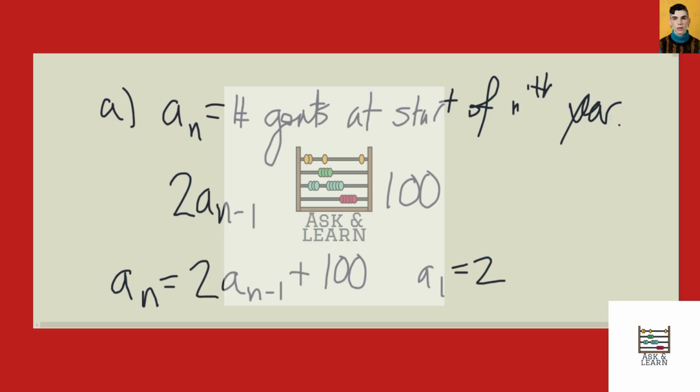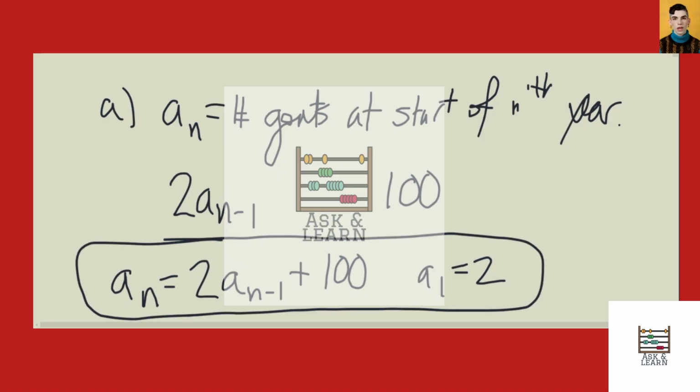Now, in part B, we're asked to solve this recurrence relation to find the number of goats on the island at the start of the nth year.